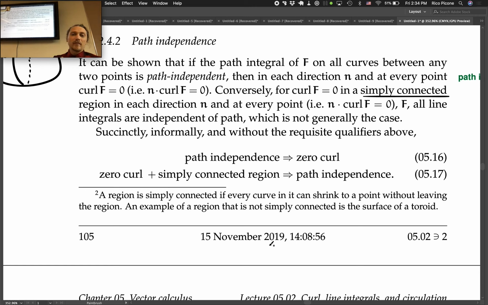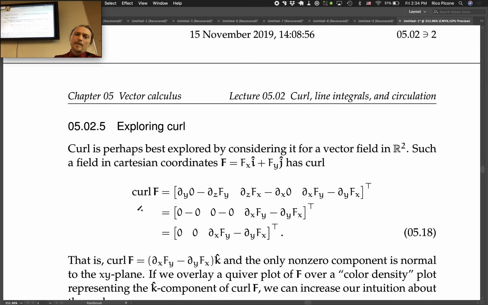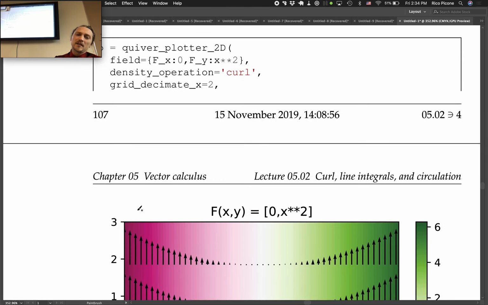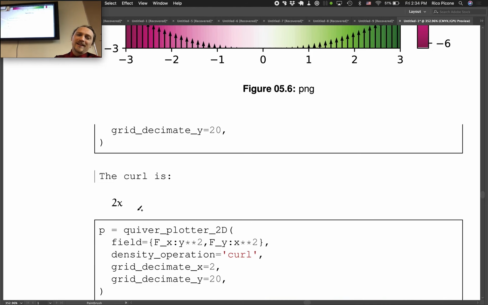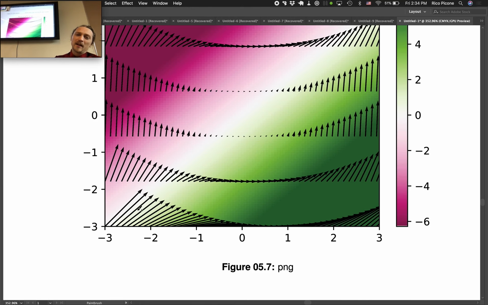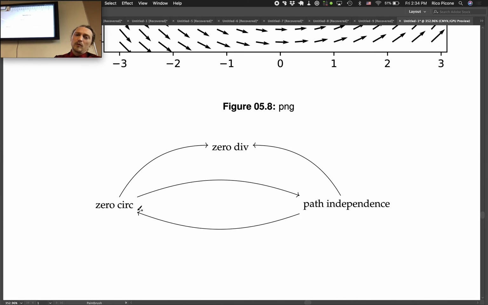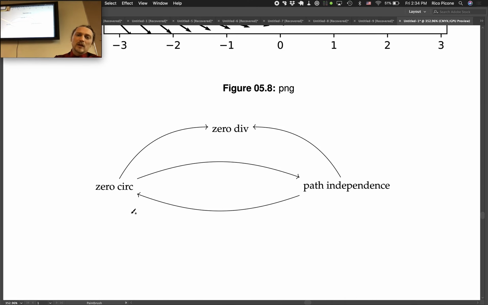Okay. Exploring curl. I did this at the very end, and I didn't get a chance to put it where it belongs. I started drawing a little diagram of the relationships here. Okay, so we have path independence and zero circulation essentially are equivalent. If it's path independent, there's zero circulation.